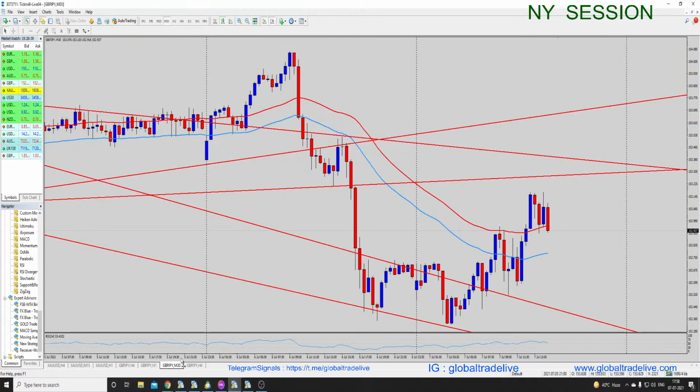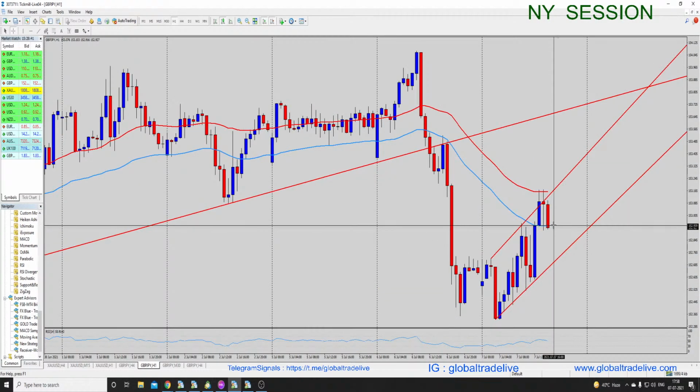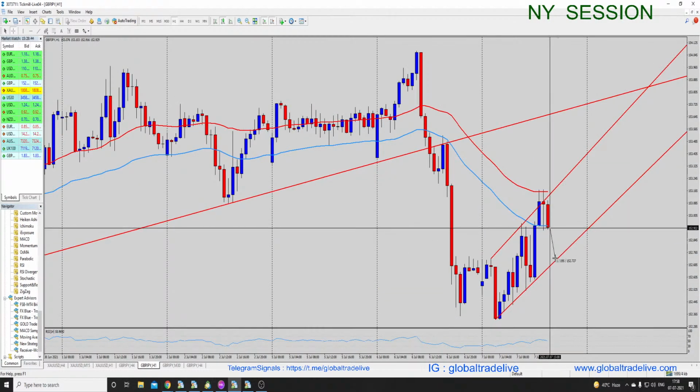So if I just check the 1 hour candle over here, it looks like the 1 hour candle will be going all the way down.